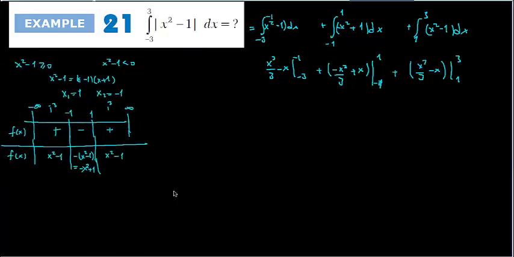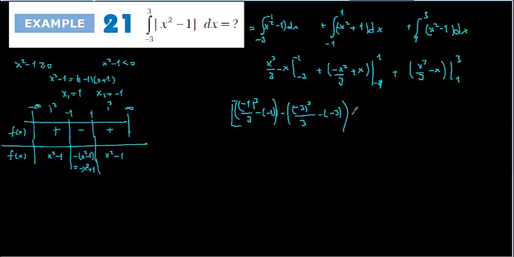Okay, then we are going to replace the values. Firstly minus 1 comes, so minus 1 cubed over 3 minus minus 1, actually it's going to be plus 1, and minus, minus 3 cubed over 3 minus minus 3, it should be.